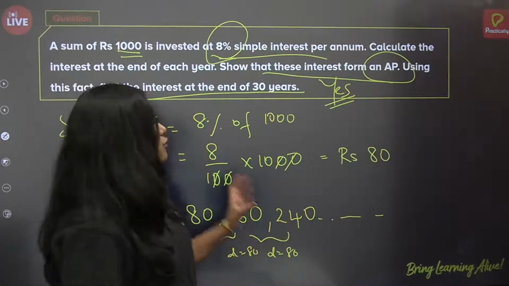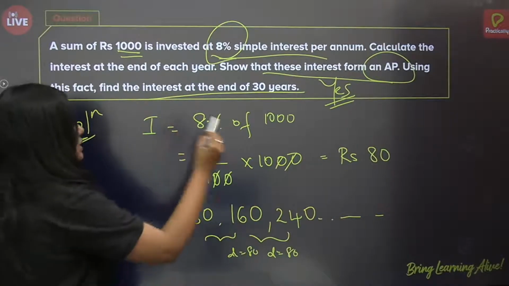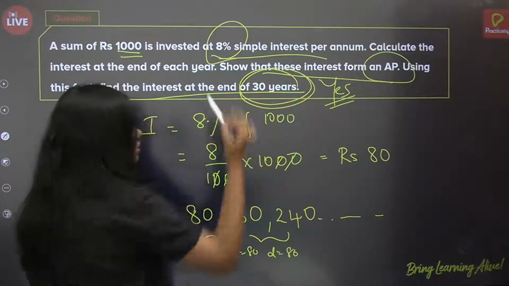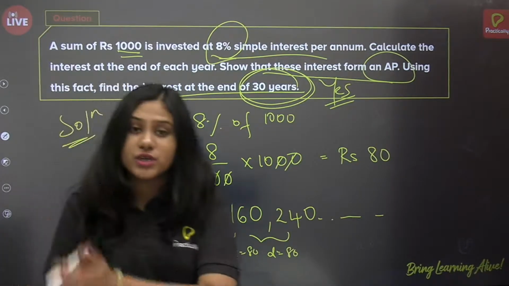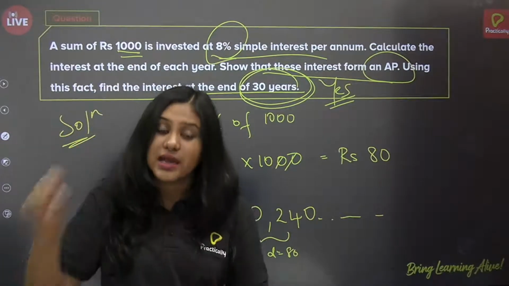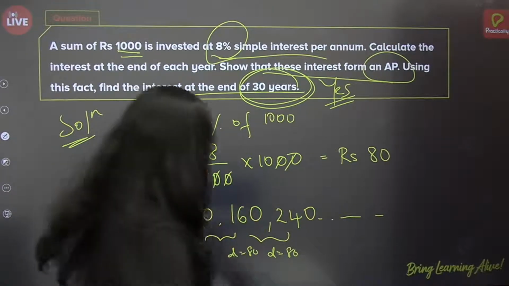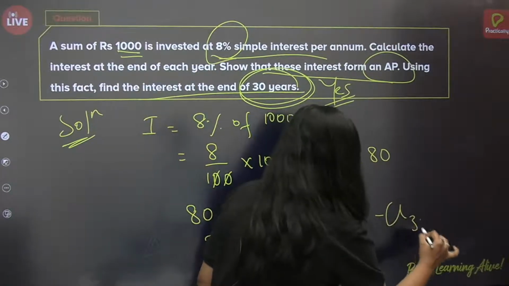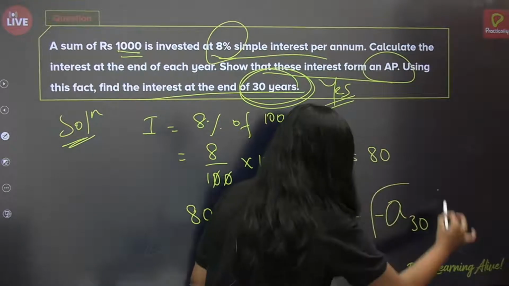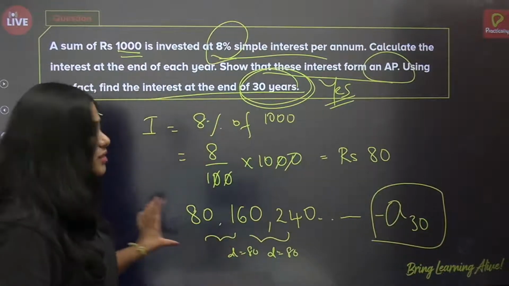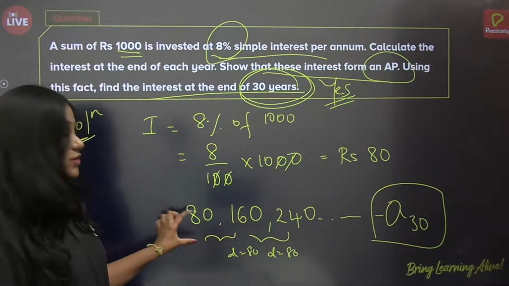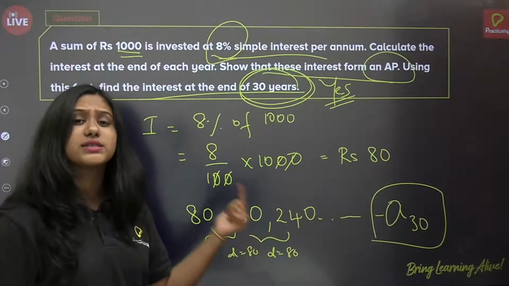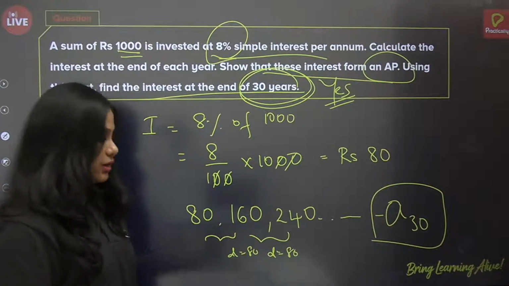Now using this fact, find the interest at the end of 30 years. So at the end of 30 years, that is in the 30th year, what will be the interest? A30 we have to find. We know that they are in AP. We know the first term and the common difference. Can we find A30? Of course.